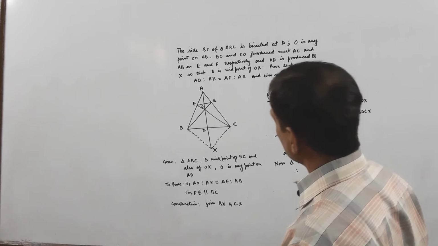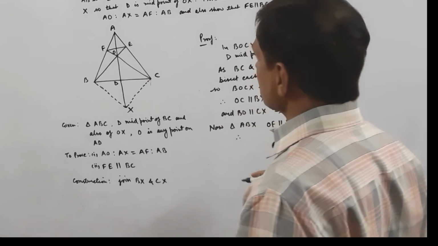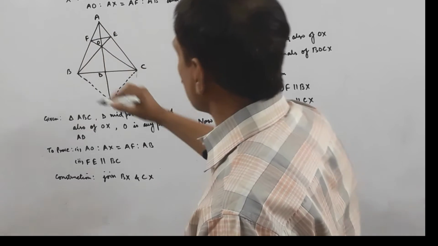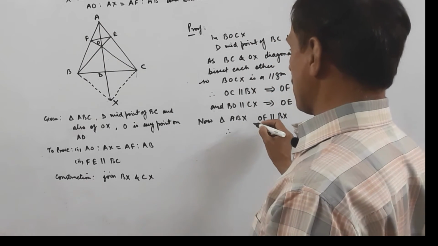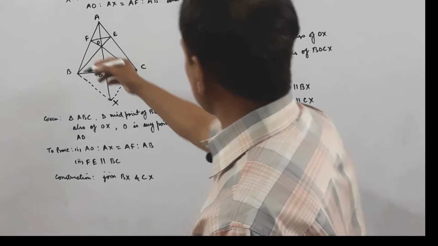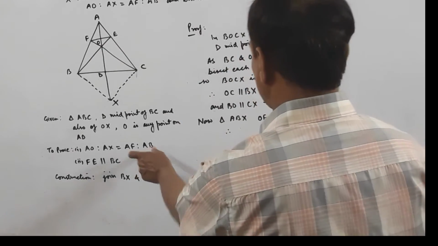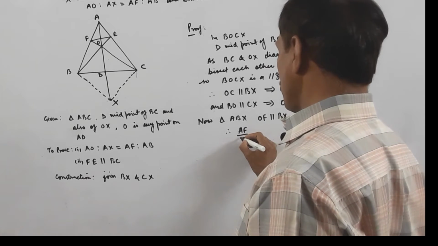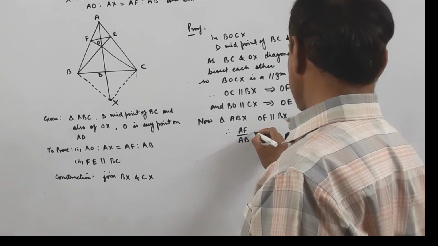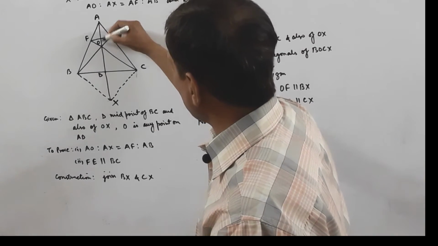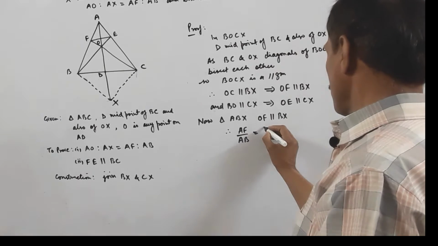Therefore, by Thales theorem, we can say AF upon FB, or AF upon AB, because our requirement is AF upon AB, AF upon AB is equal to AO upon AX.